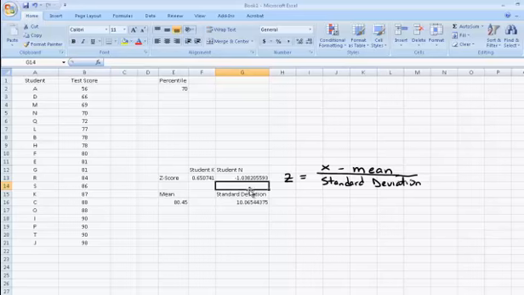This gives us a z-score of -1. As we said before, the negative indicates that this student's score of 70 was below the average, and it was one whole standard deviation below the average. A standard deviation in our case is equal to 10. One standard deviation below an 80 is 80 minus 10, or 70, as we can see here.